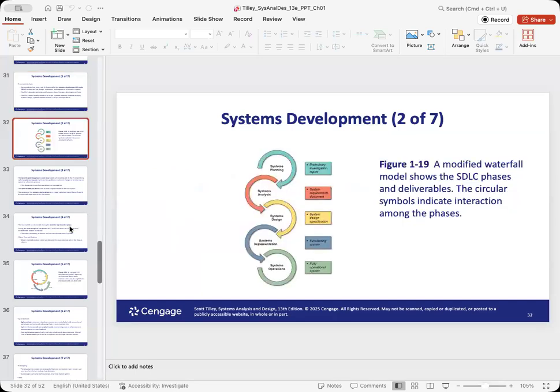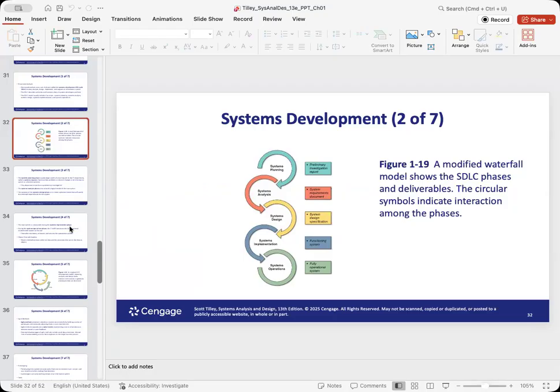Now, there's a diagram to understand it easily. Okay, this is a modified waterfall model. Now, if we talk about waterfall, we are talking about how the system is supposed to be established.